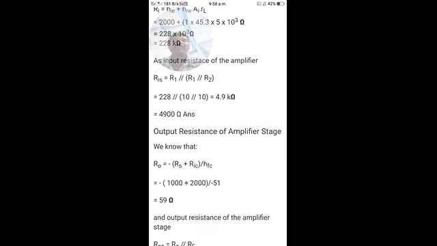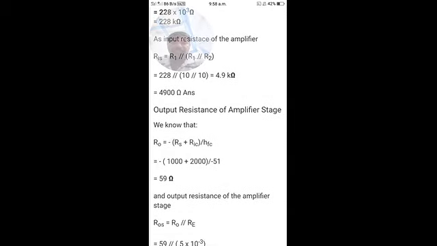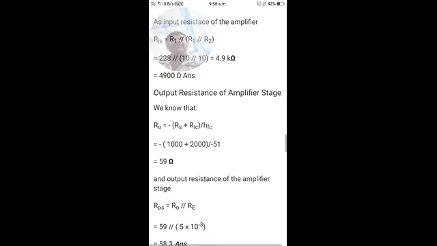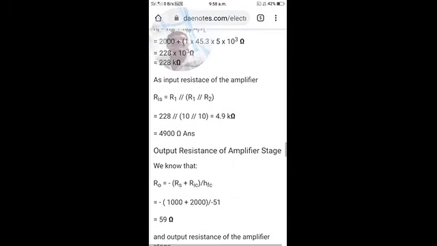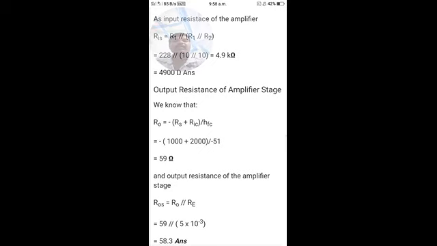Output resistance of the amplifier R0 is Rs plus Ri dash by HFC. Substituting Rs, Ri dash and HFC, the value R0 we get is 59 ohms.